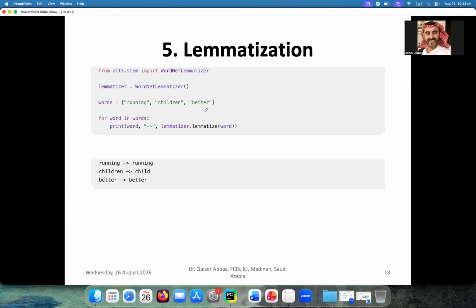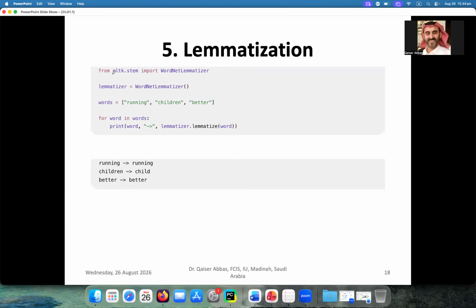Lemmatization is next. Just wait, I was going with the stemmer. By definition, for stemming, we know that it can have a meaning or it cannot. But for lemmatization, meaning is compulsory.